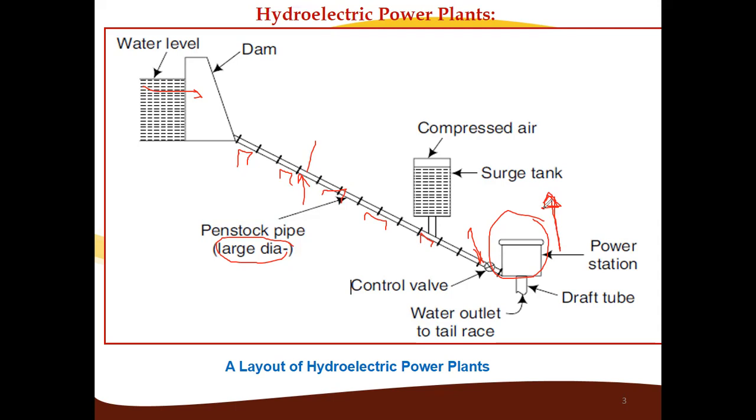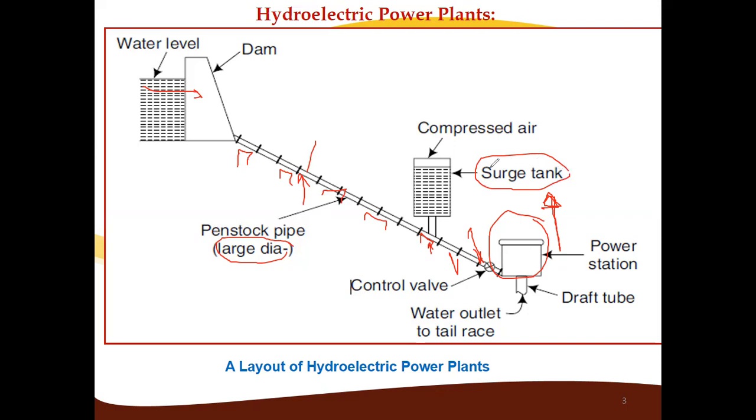For example, if the amount of water is suddenly reduced or stopped by a governor mechanism, the water coming down at high velocity will produce a turbulence effect resulting in water hammering, and the penstock may be damaged. To prevent this water hammering effect, a surge tank is provided.